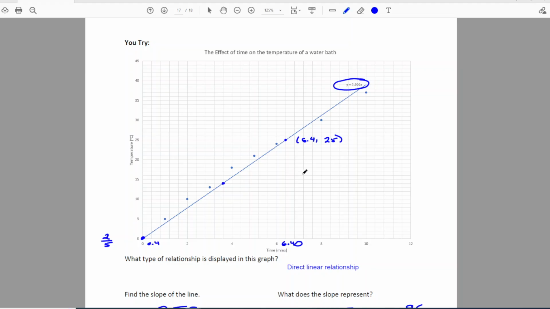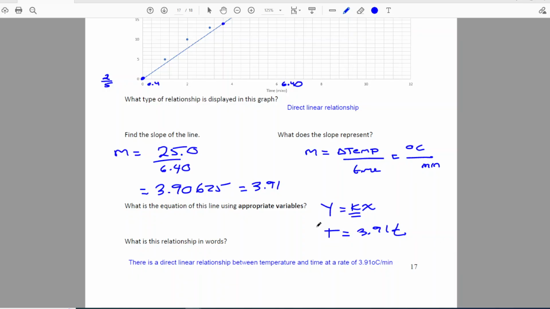If we put more grid lines in, maybe we could find a better spot that would give us 3.902. But it's more important to me that you can look at a line of best fit and calculate the slope than just pulling something from a computer. But it's really good to go back and check, which is why I always leave this on here. And so in the end, you want to make sure that this equation is close to that equation above, but with more appropriate variables.